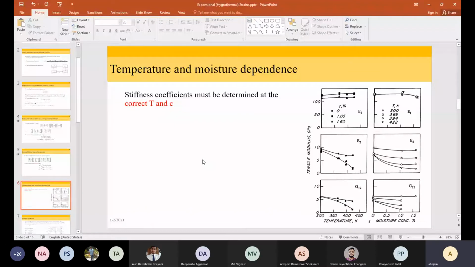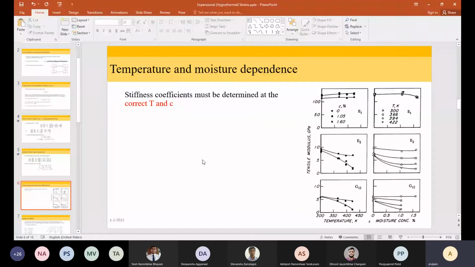Sir, in the graph, it looks like with increasing temperature, the modulus E1 is increasing. Is that actually correct? The scatter is very high. Per data point, they must have done 4-5 tests, and there is so much scatter that it looks like it increases slightly, but it is marginal. Most likely, it should remain constant.